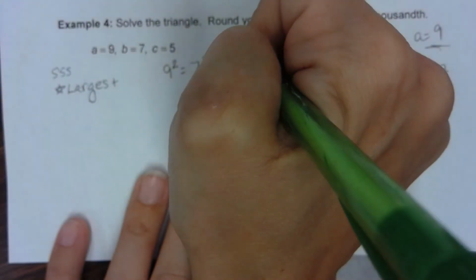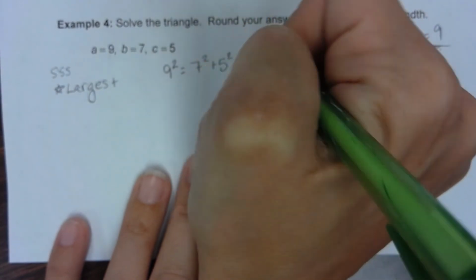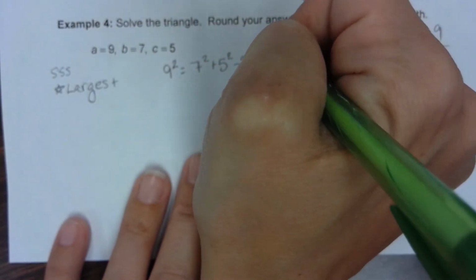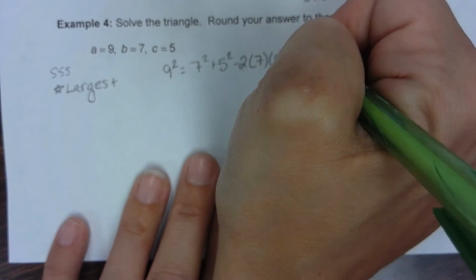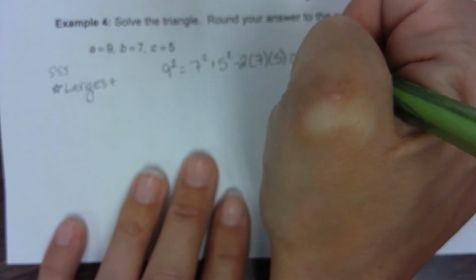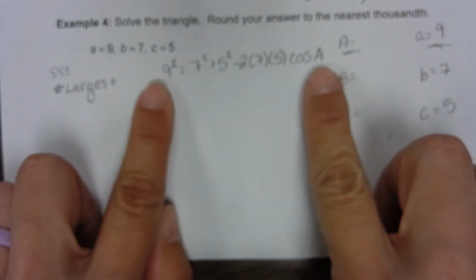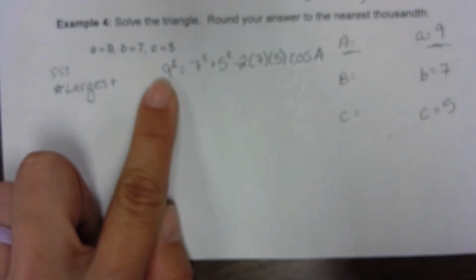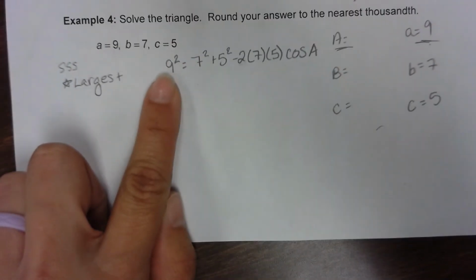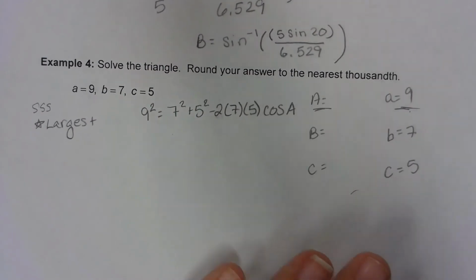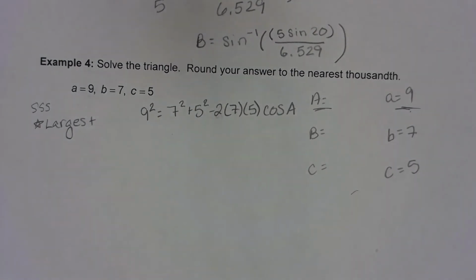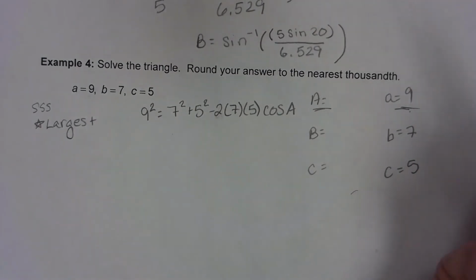Minus 2 times 7 times 5 cosine the angle. Remember, those two should match. Angle with side. Sorry, I'm trying to get it to focus. There we go. Okay. We're going to evaluate this and then do opposite.